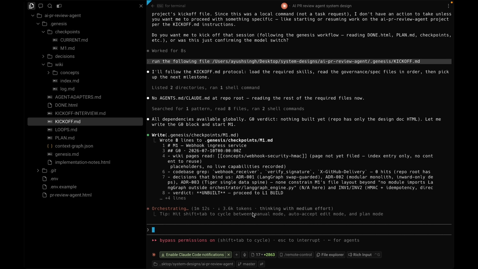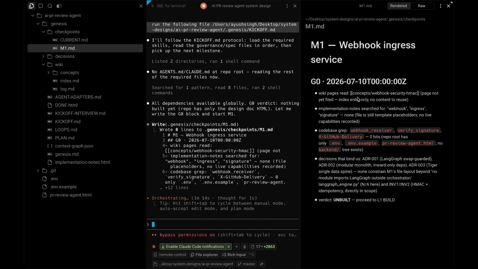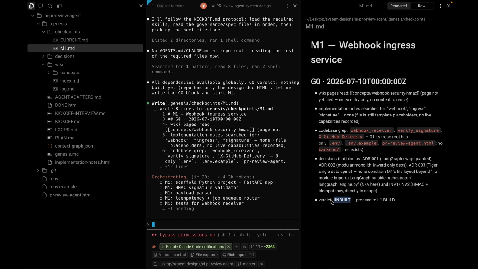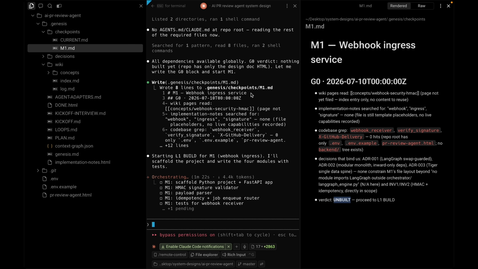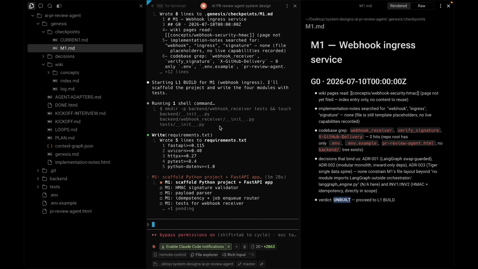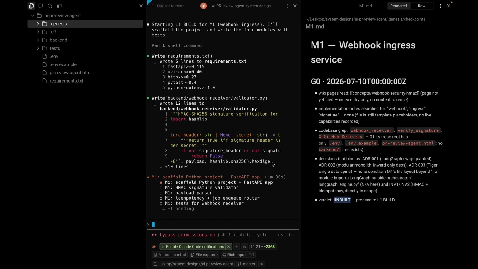Great. It creates the checkpoint m1.md. The verdict is unbuilt, so it says definitely yes, your M1 is not yet built. It says starting L1 build for M1. I'll scaffold the project and write the 4 modules with the tests. So now it will start your M1.